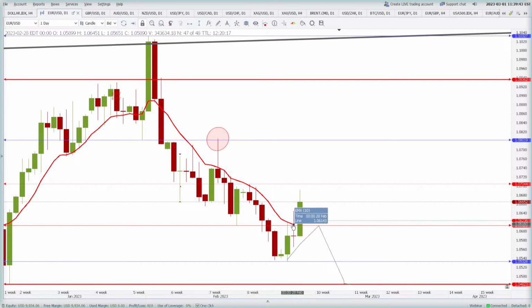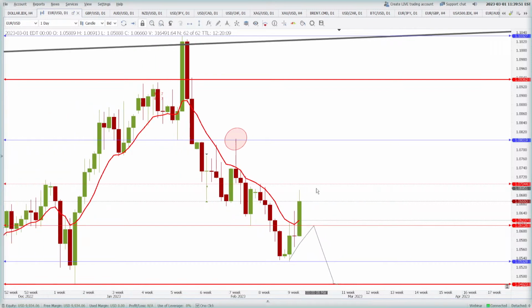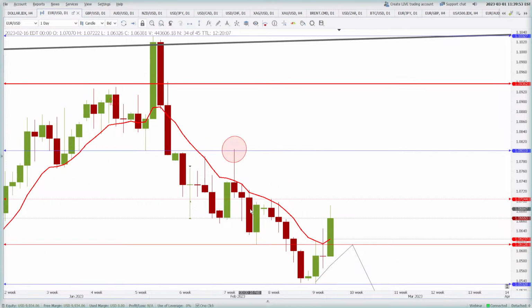So I will say that the market has started moving up, but I will not be buying this market below 1.0704. I need not answer why I don't want to buy it. I think my students already know why I don't want to buy below 1.0704.